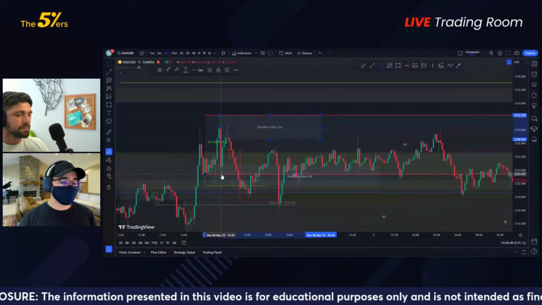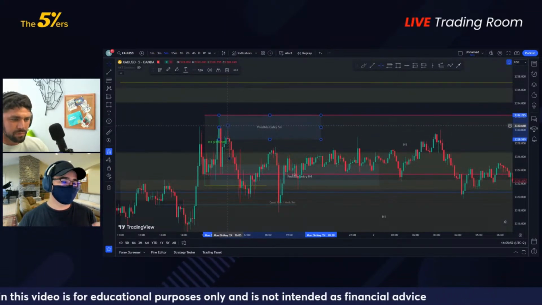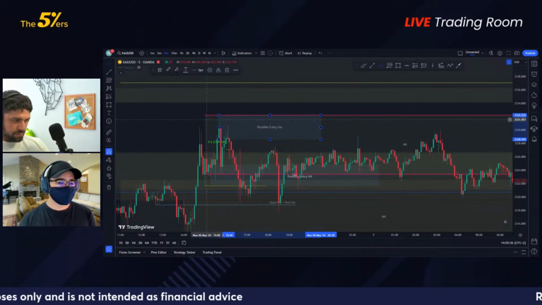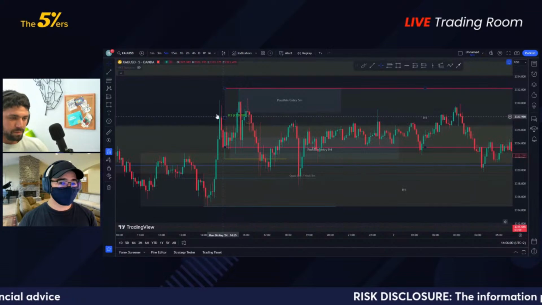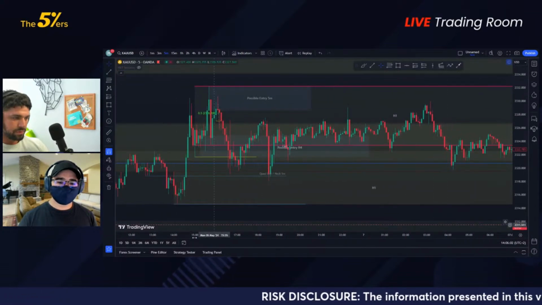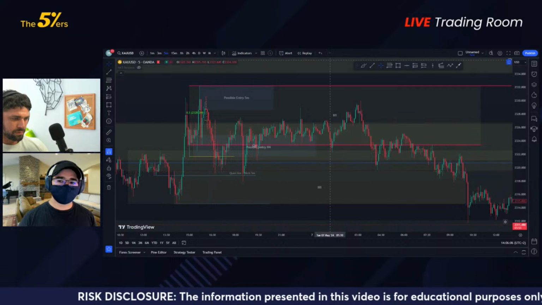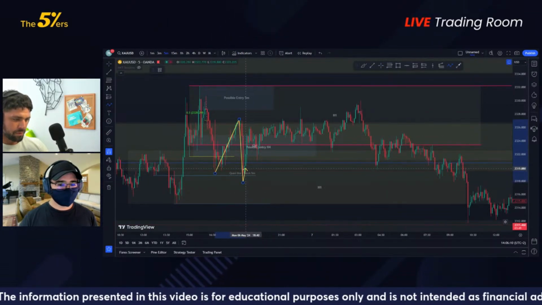It did not break structure right away, but went up and interacted with this order block. Afterwards, it went on to break that yellow horizontal line, which to me is the neckline of the pattern. After breaking that neckline, it kept on moving even a little bit lower.